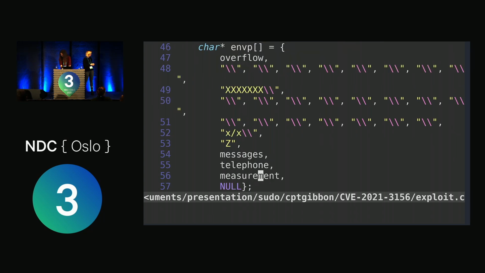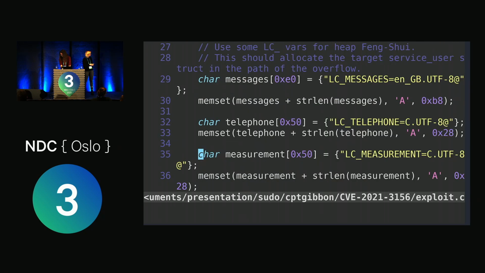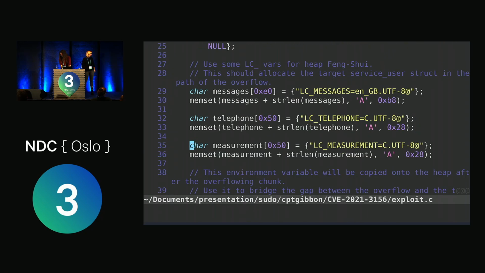We also have some more of these weird things here. These are what's called LC variables. These are used on your system to specify, for example, the phone number format and stuff like that. Here you can see measurement unit; depending on your country or region, these might change.